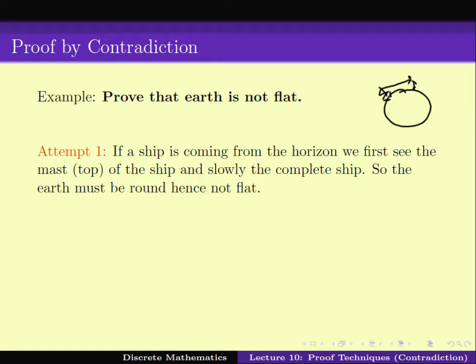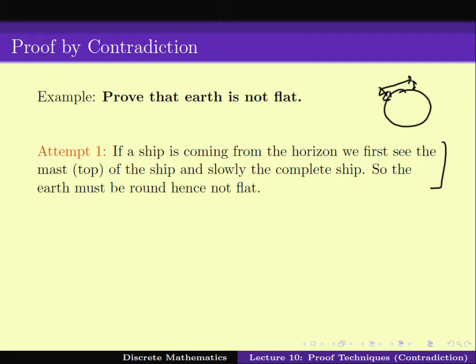The bottom of the ship appears slowly. And the only way this can happen is if the earth is not flat. This is the first technique that one can apply. This is what we call the direct proof technique, the direct or constructive proof.